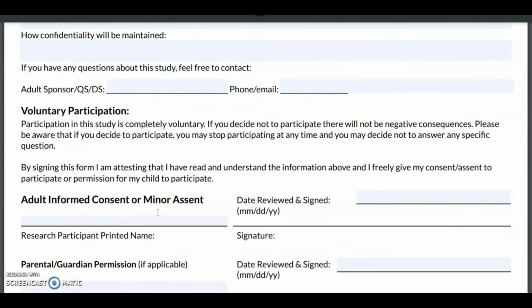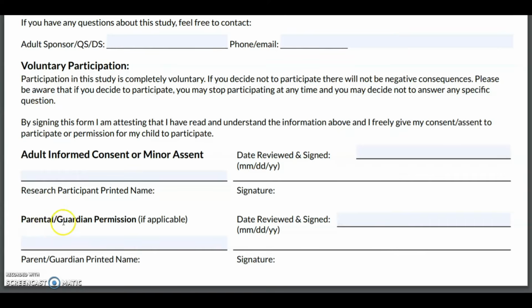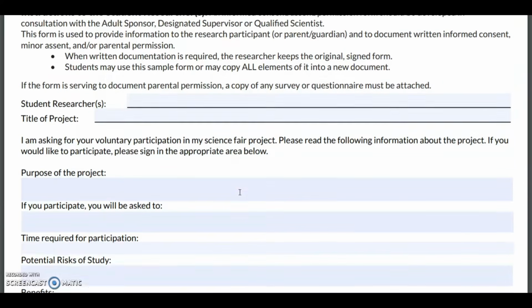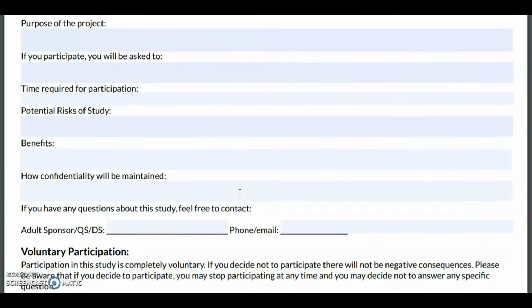And of course, there should be a parental guardian permission here. It should be signed by the parent, and of course, the research participant's printed name. So that's all for human participant.